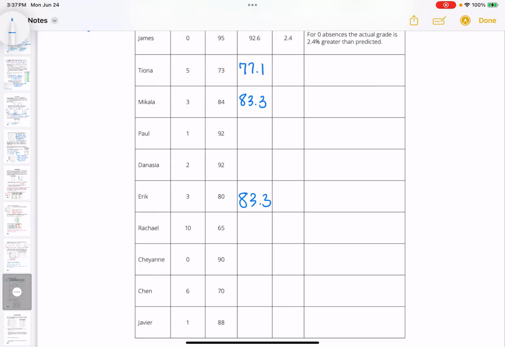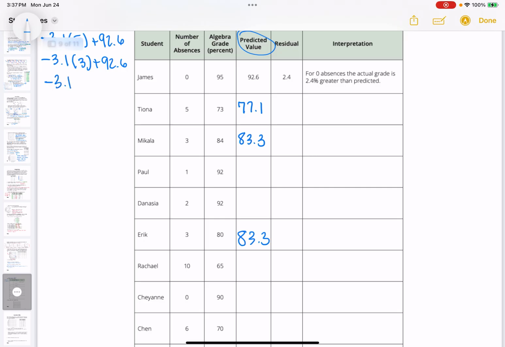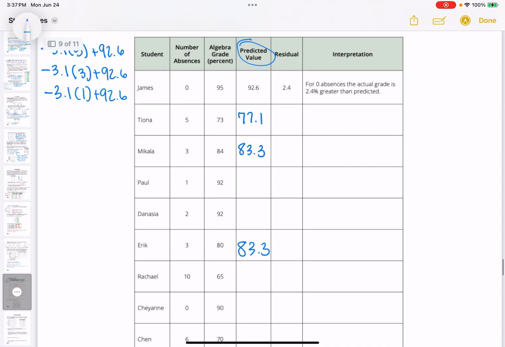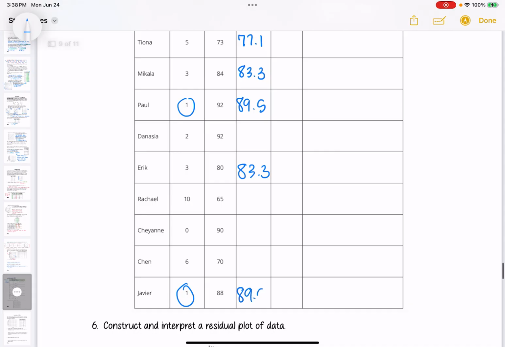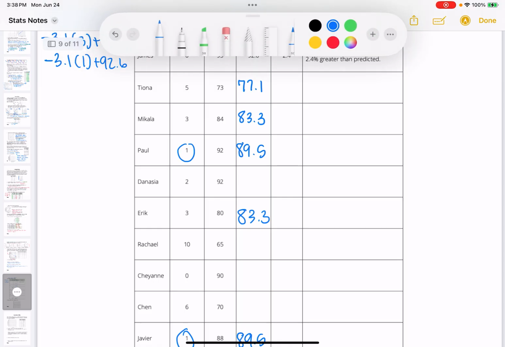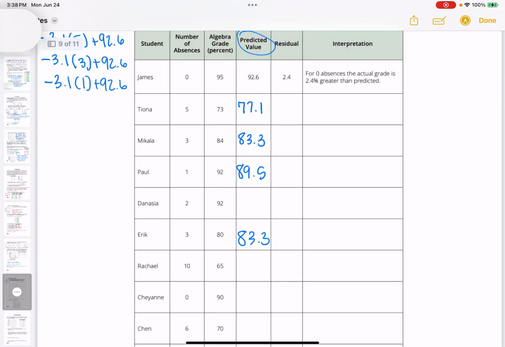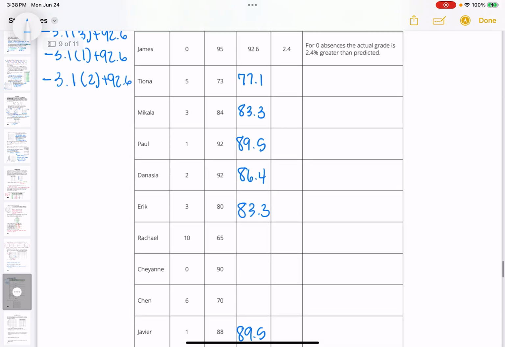Then I'm going to plug a 1 in, and that's going to give me 89.5. So all of my ones should have 89.5. The next one is 2, and that gives me 86.4. I don't see any other 2s.